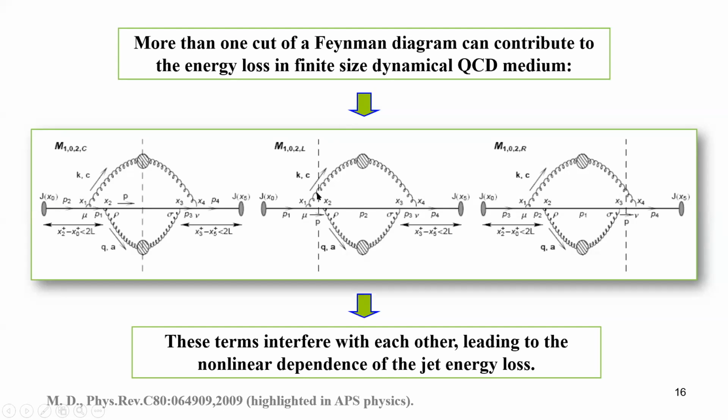But this initial parton, since it is produced in the medium, can also be off shell. And in that case, you can have contributions from asymmetric cuts, the left cut and the right cut. So all these contributions have to be taken into account. And these terms interfere with each other, leading to the nonlinear dependence of the jet energy loss, that is, to the appearance of the LPM effect in high energy jets after all contributions are taken into account.